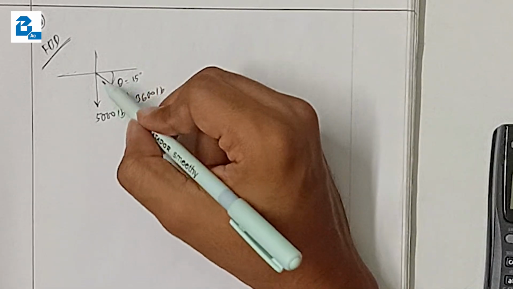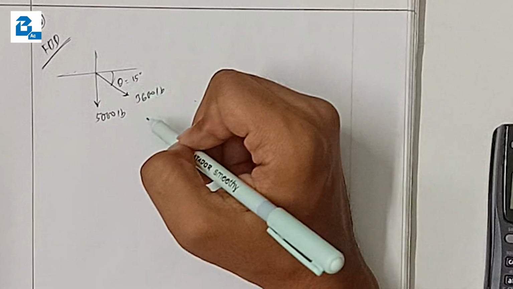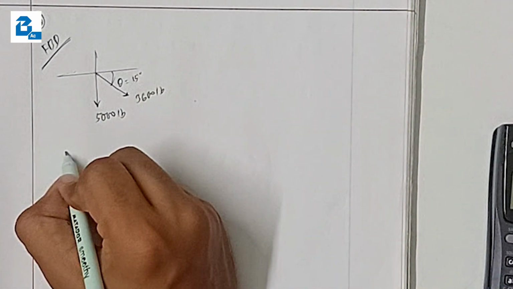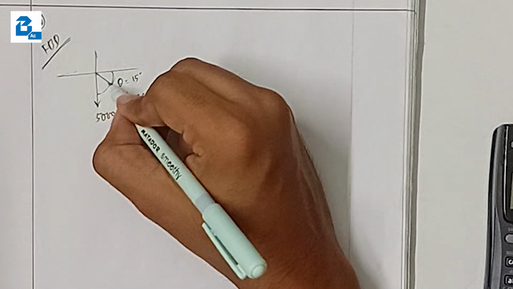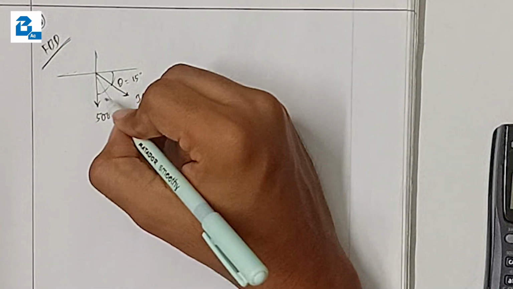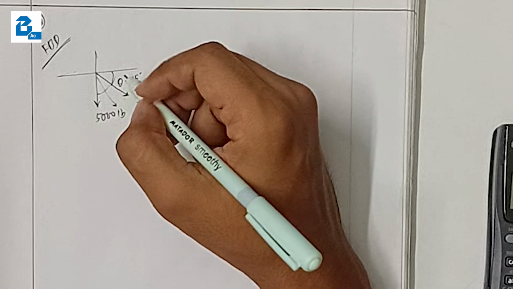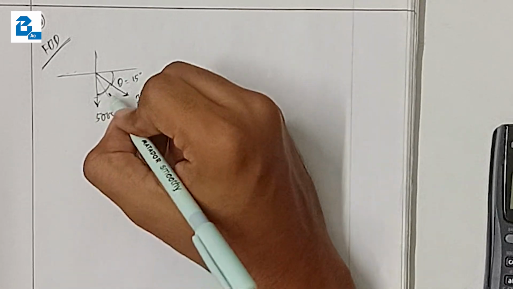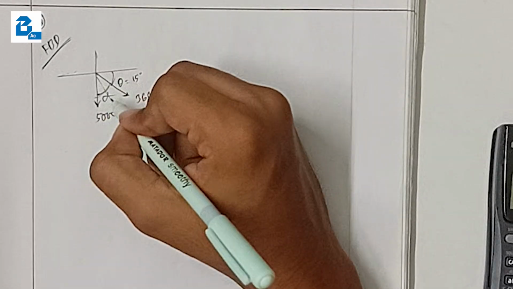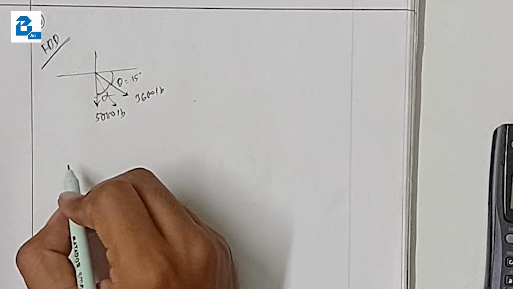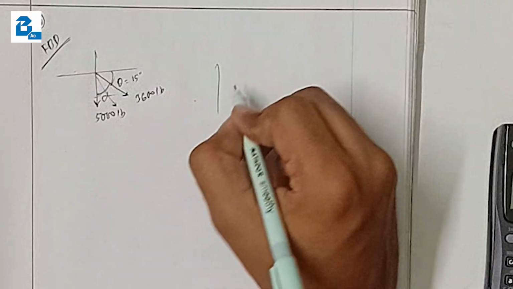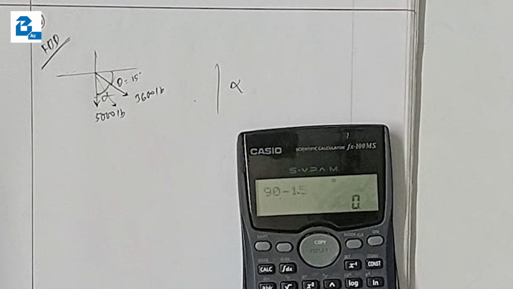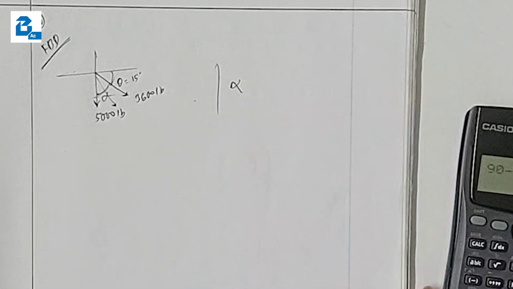So let's assume the vertical one as F1 and the other F2. Let's find the magnitude of the resultant, which would come from somewhere along this line. Then let's assume the angle between those two forces as alpha. So the value of alpha would be 90 minus 15, which would be 75.